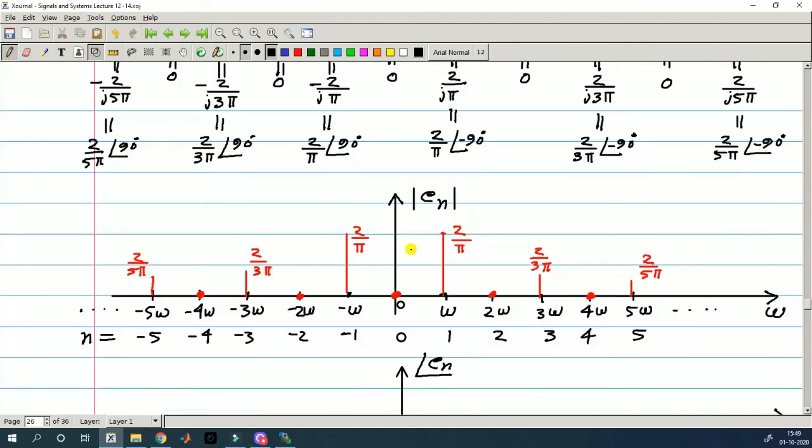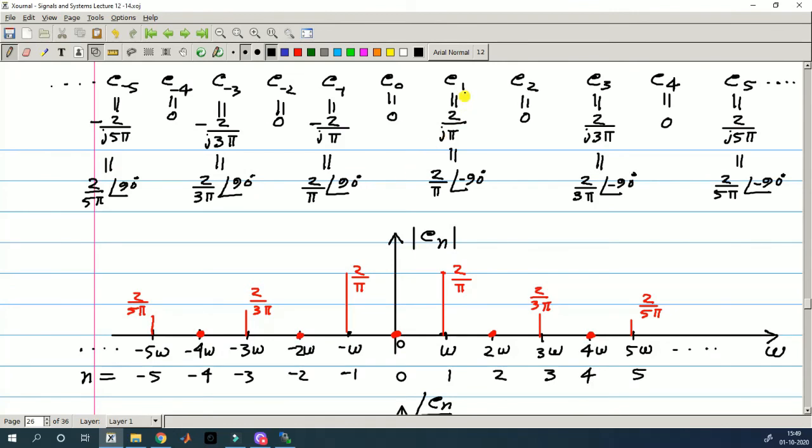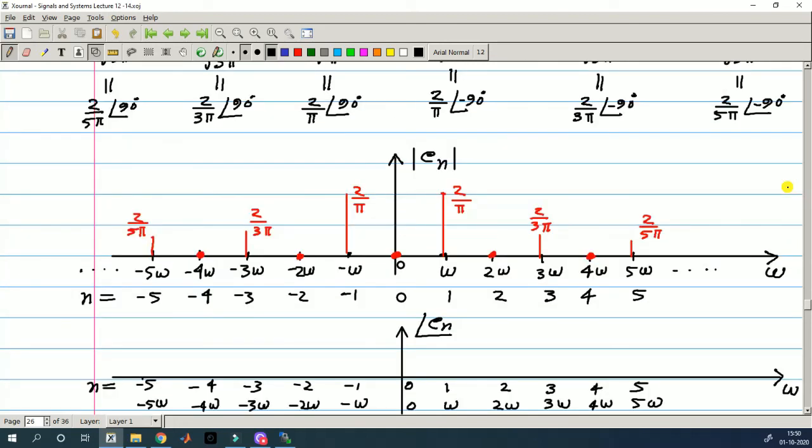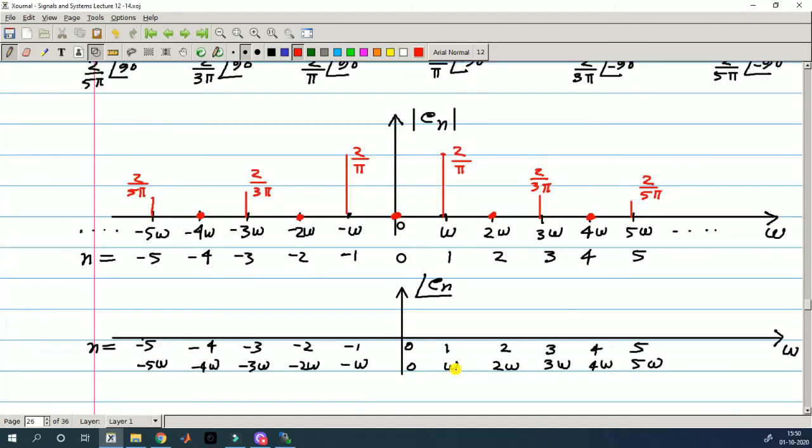Now you see that the angle of C1 is minus 90 degree. C3 also has the same angle minus 90, C5 also has the same angle minus 90 degree. So I will draw bars here, minus 90, minus 90, and minus 90 degree, all with the same heights.